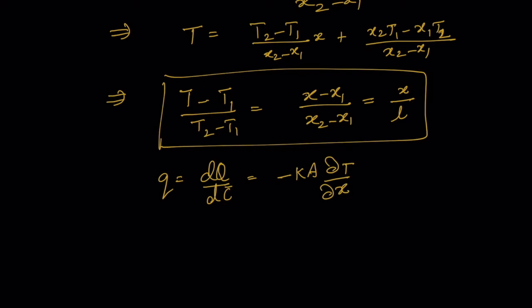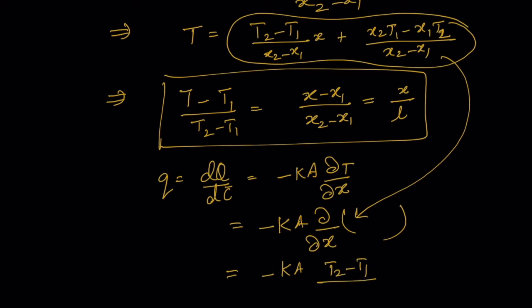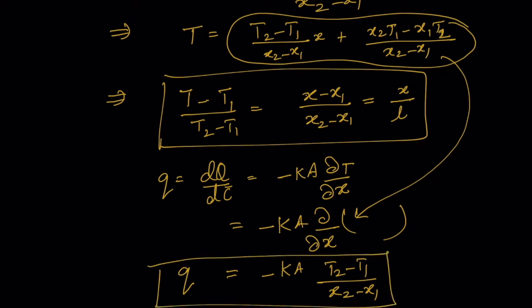So now you can differentiate minus Ka del by del x of the temperature term we have calculated here, you can put it here. Finally when you differentiate, you will get minus Ka T2 minus T1 divided by x2 minus x1. So this is what we have learned also.